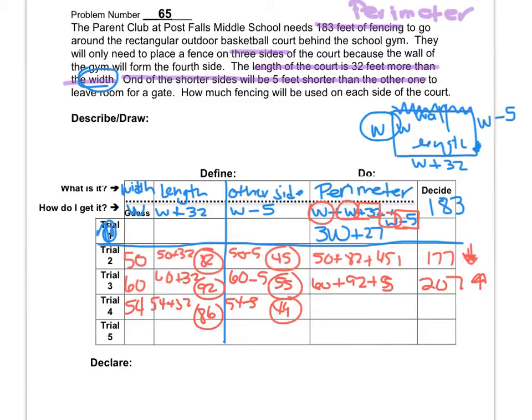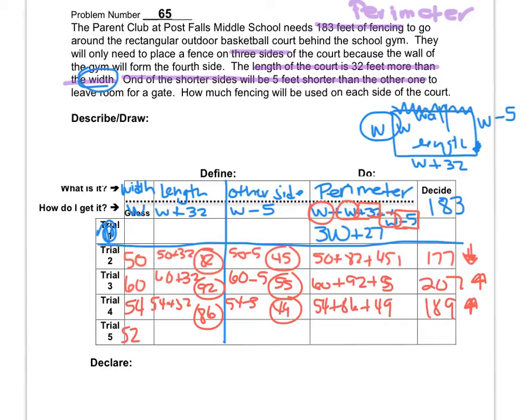Notice I'm showing my work in here. You can use a calculator if you want, but you need to show what you're putting in here. And then the perimeter would be 54 plus 86 plus 49. When I add those together, I get 189. Too high.